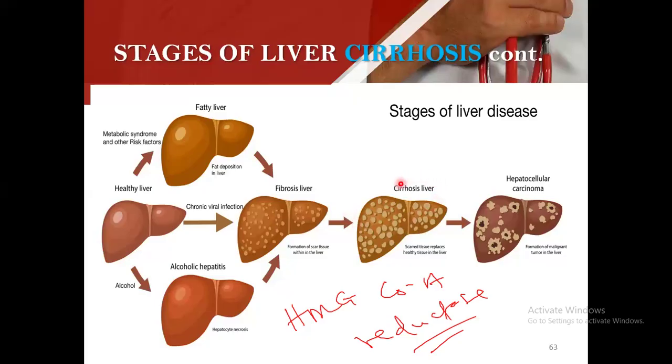Once you get to the cirrhosis stage, you can see that the fibrosis, the white inside, thickens and increases. It's like scarification. Scar tissue replaces healthy tissue in the liver.